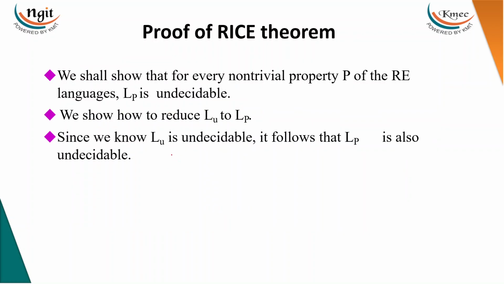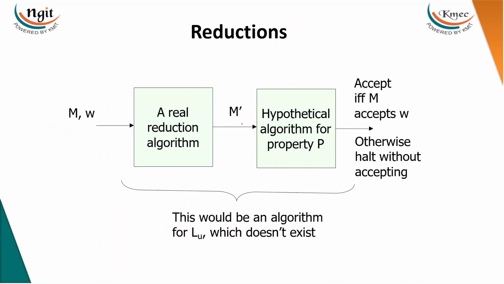Now the proof of Rice theorem. We shall show that every non-trivial property P of the recursively enumerable languages is undecidable. Of course, we have discussed this with examples earlier. We show how to reduce a known undecidable problem to the non-trivial property.